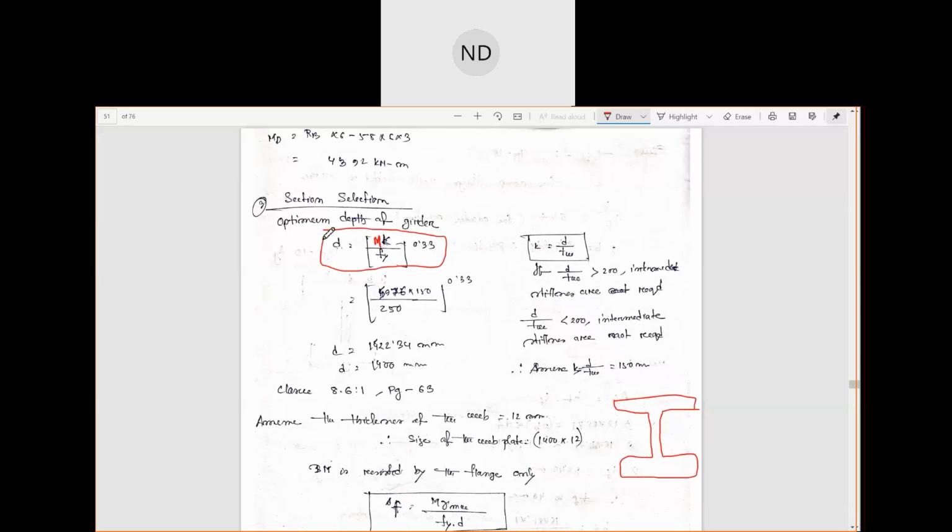M we know, just now we have got the maximum bending moment to be 5976. Fy for Fe410 we know it is 250. Now what is K here? K is d by tw.